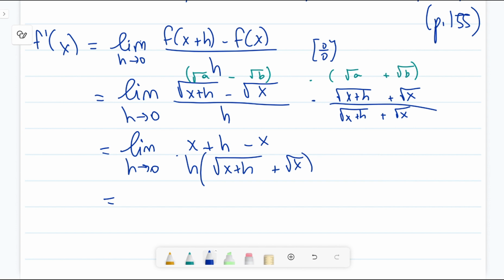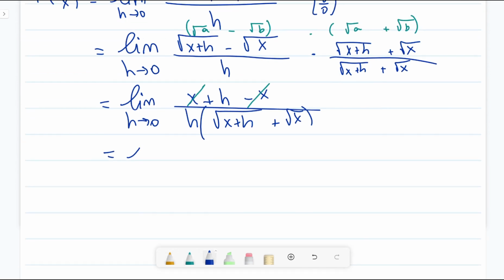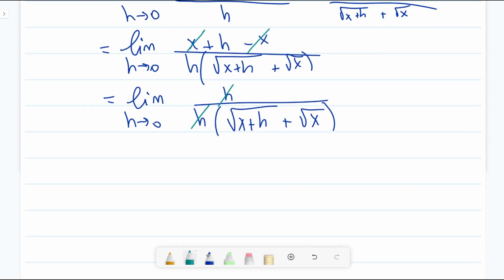And now in the numerator, I have x plus h minus x. I can remove them. This will leave me with the limit of h divided by h times the square root of x plus h plus the square root of x. I have h in the numerator and denominator. I can cancel them out.